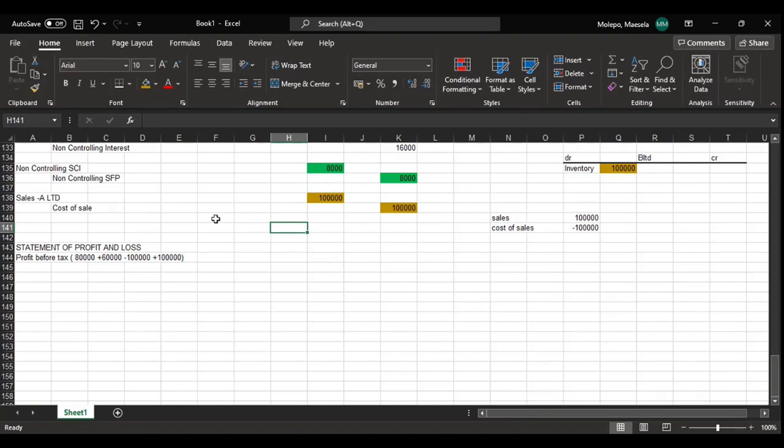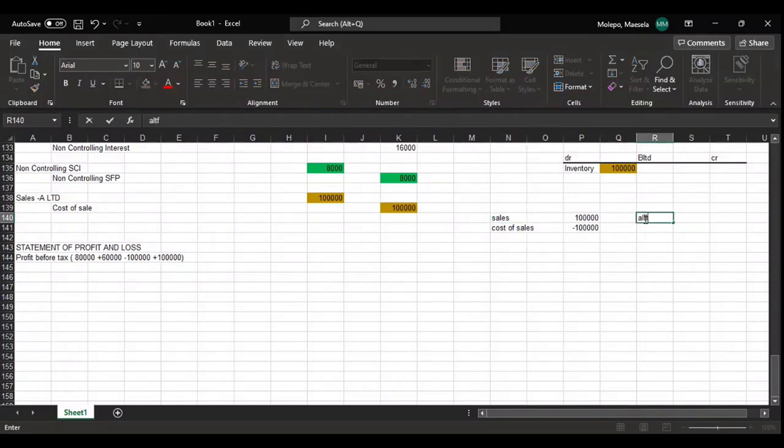Remember, when we calculate the profit before tax in normal circumstances without consolidation, you will have sales of 100,000, right? And you have purchases. Remember, A Limited sold and B Limited acquired.